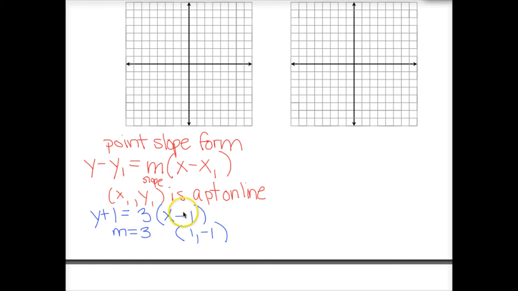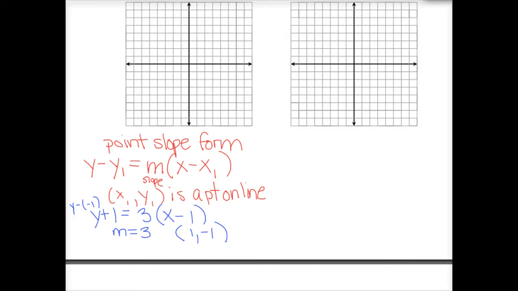Notice that we changed the signs here because it's x minus x1, where x1 is the x coordinate. So x minus 1 means that 1 is the x coordinate. Y plus 1 means that this was y minus negative 1. So negative 1 is the y coordinate of the point.